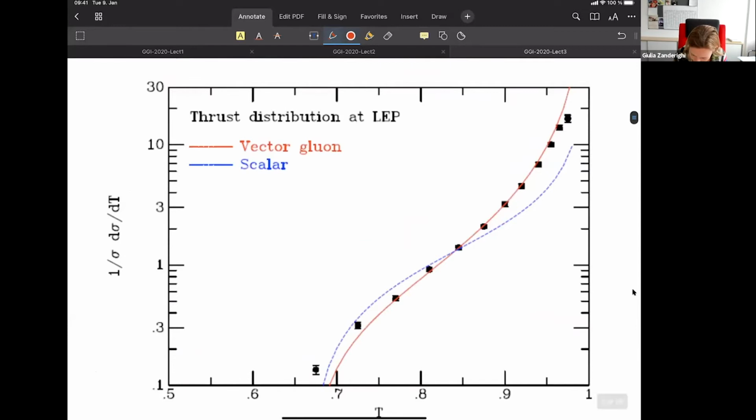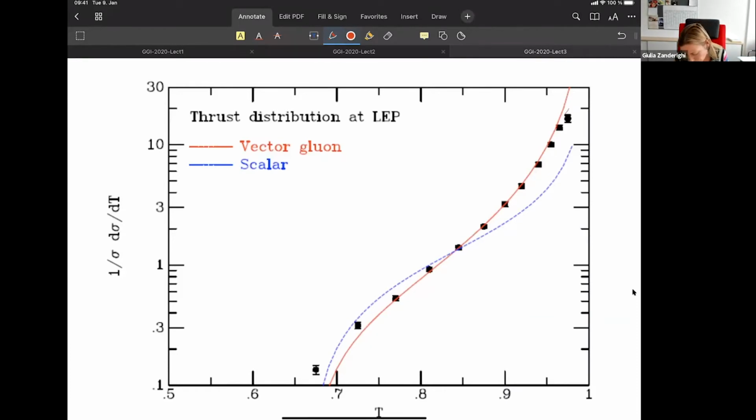If you do a fixed order calculation, you will get alpha s log squared of 1 minus t. So a fixed order perturbative calculation here is divergent. When you resum the calculation, you get a finite so-called Sudakov peak. So this becomes an exponent, e to the minus these logs. And okay, here the data are not very precise, so you don't see it.